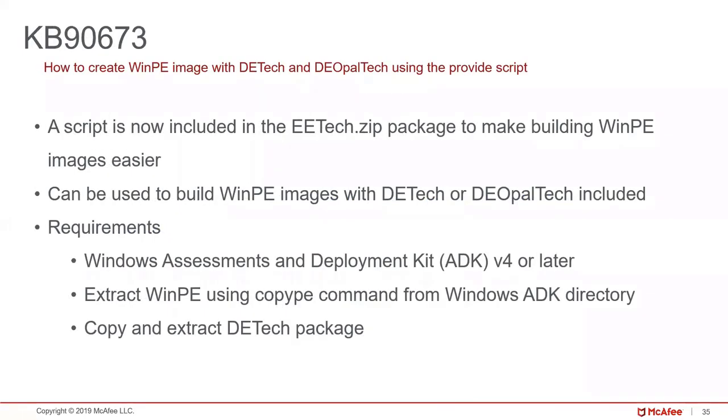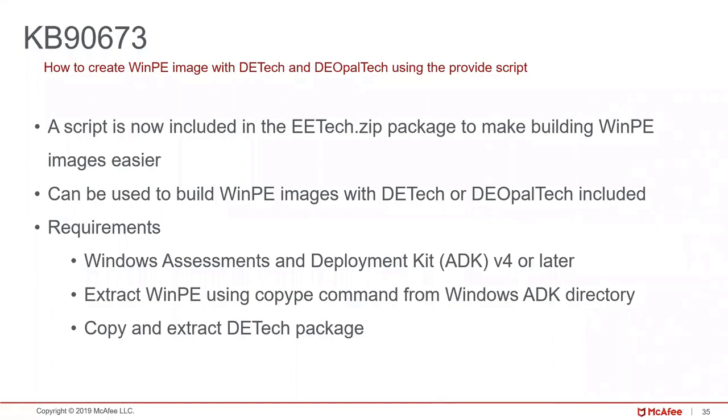The script that I'd mentioned before is now included in the DETech zip package, making the build process of WinPE easier. It is essentially the same process as what's documented in the guide, but just put into a scripted form, simplifying the process. It can be used to build either a WinPE with DETech or with DE Opaltech.